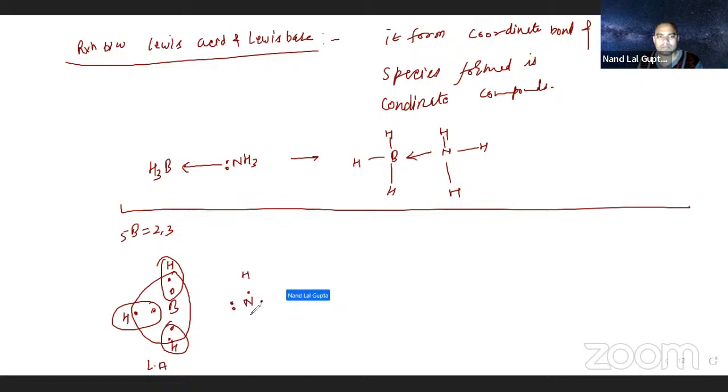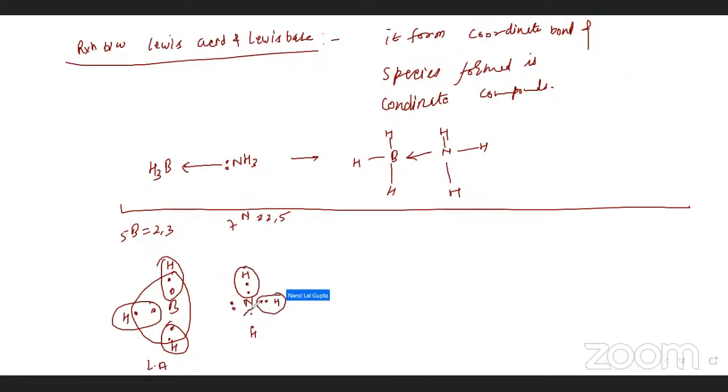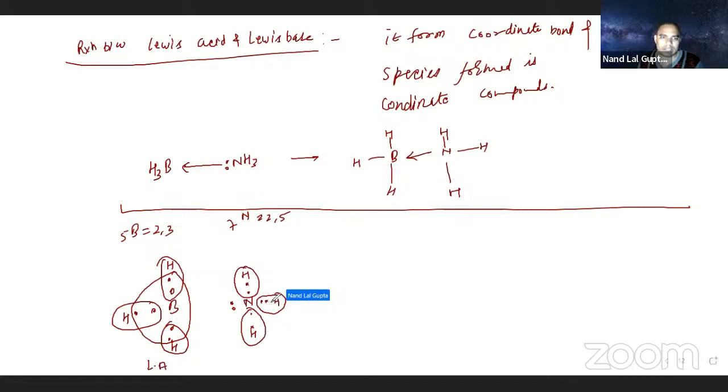Nitrogen has 7 electrons, 2 and 5, and here is hydrogen. Now you see what is happening. It has the octet, there is no problem in this one. But here it is an incomplete octet. The Lewis base has a lone pair, so this electron pair has to be transferred here.